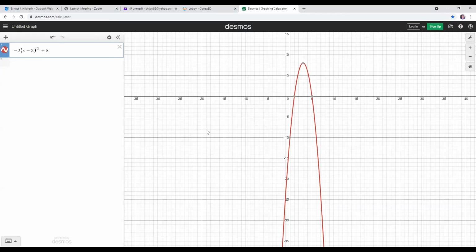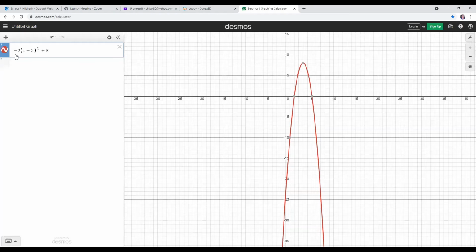So determine how the parabola opens. So we would look back at our standard form of our quadratic function, which is a times x minus h to the second power plus k. So now that we have our function, we would look at the main points, which is a, our coefficient, which is negative 2.